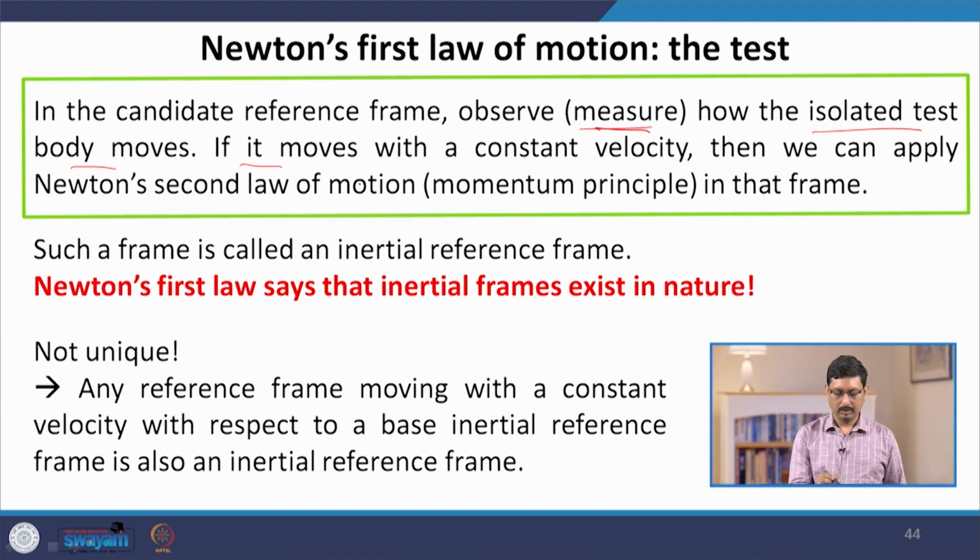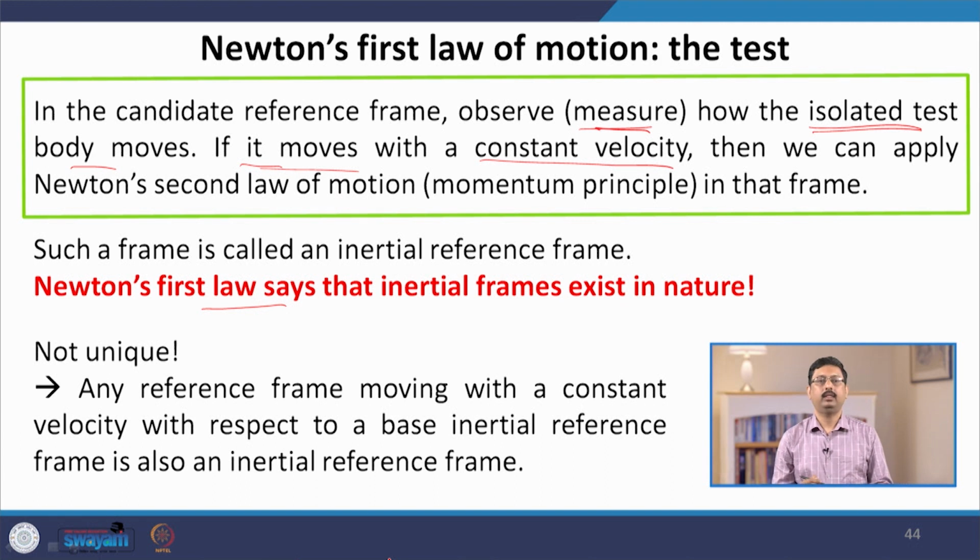Isolated test body means no force acting on it. Under such a condition, if it moves with a constant velocity, then we can apply Newton's second law of motion in that frame. So, this is the content of the first law of motion. Such a frame is called an inertial reference frame. So, Newton's first law basically says that inertial frames exist in nature.